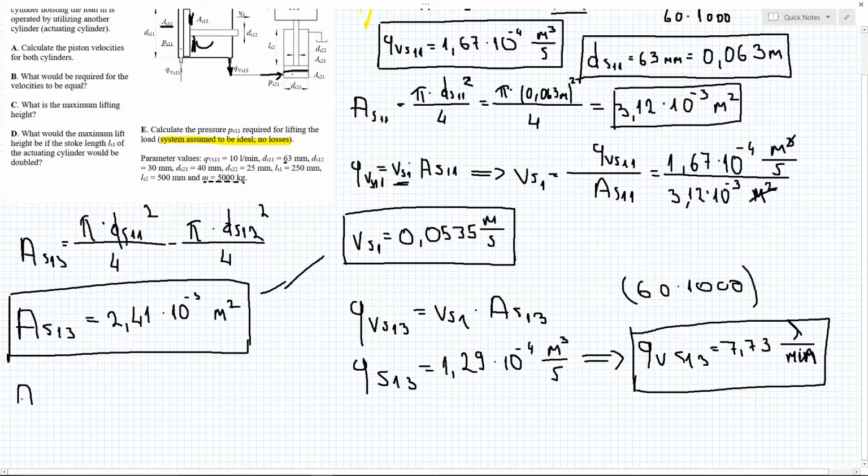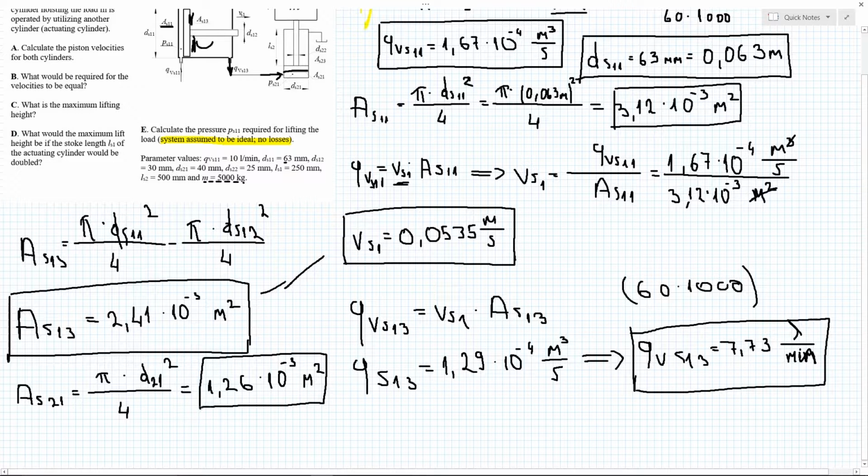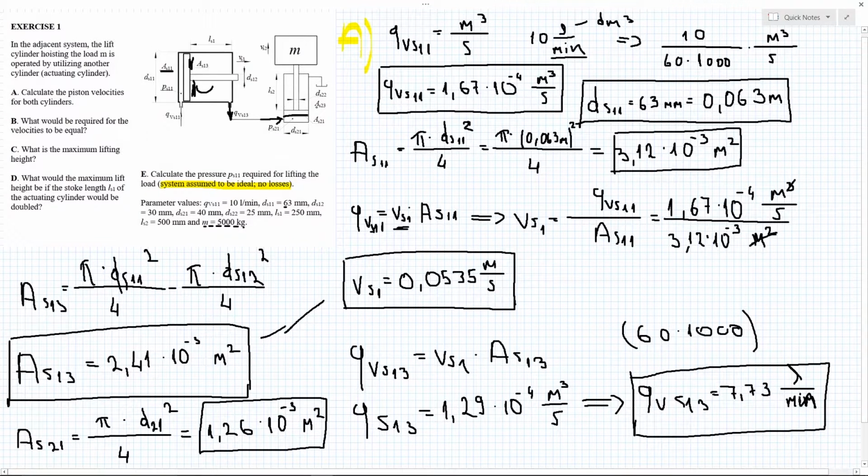The area of the piston number 2, AS21, is equal to pi times the diameter, and the diameter is 40 millimeters, DS21 divided by 4 squared, and this is going to be 1.26 times 10 to the minus 3 meters squared. So this is the area of the piston number 2.